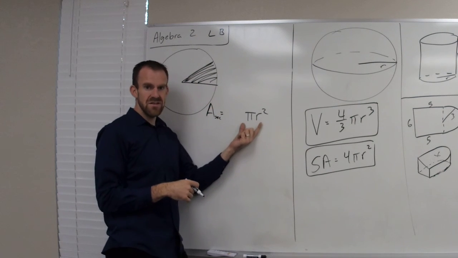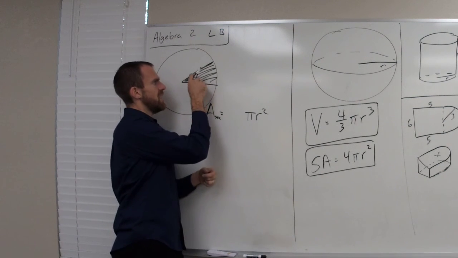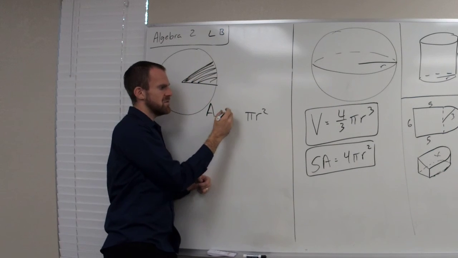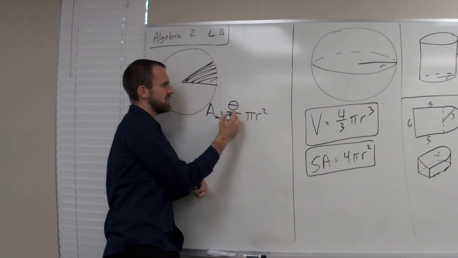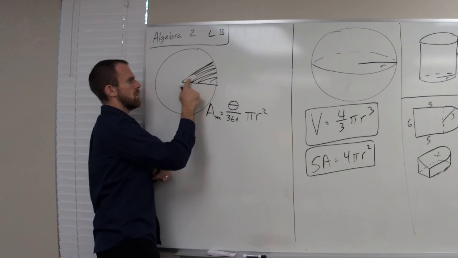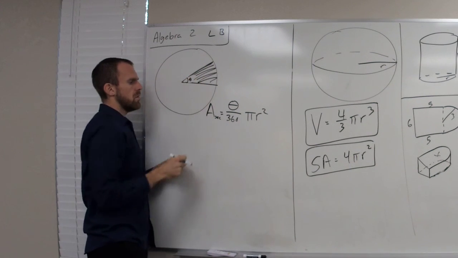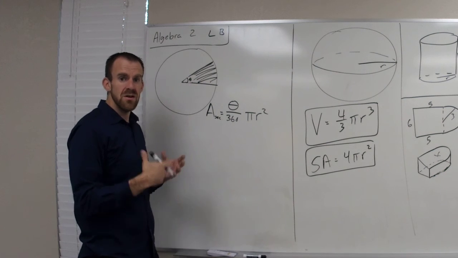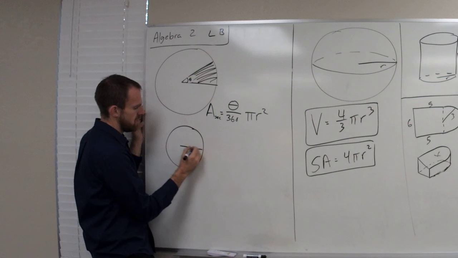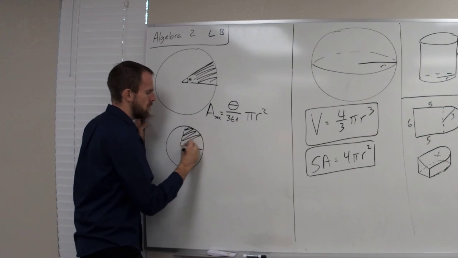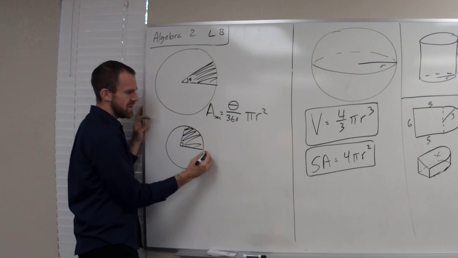If I wanted the area of the circle, it would be pi r squared, but I only want this piece of the pie. So I'm going to multiply by theta, which is just the angle here, divided by 360.